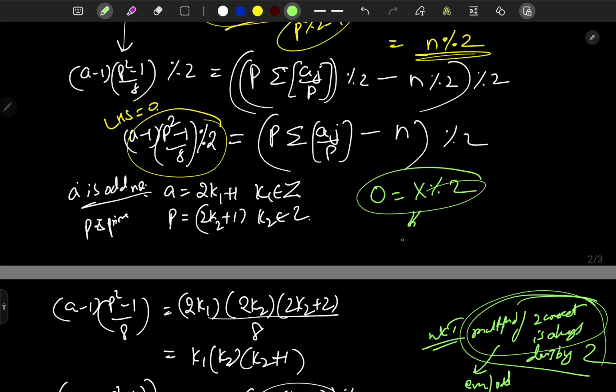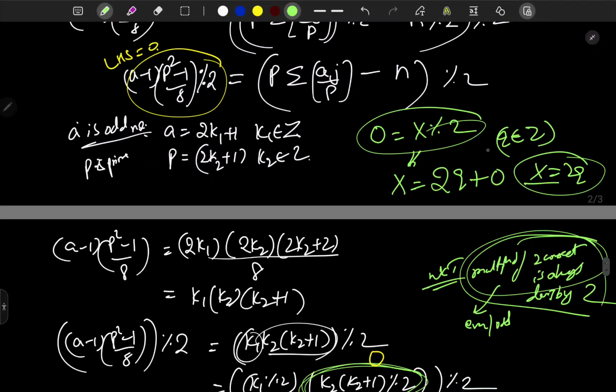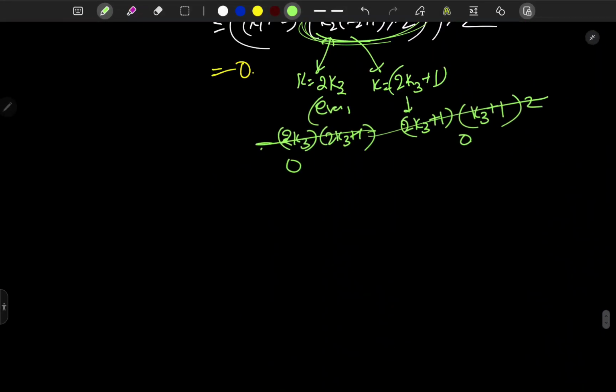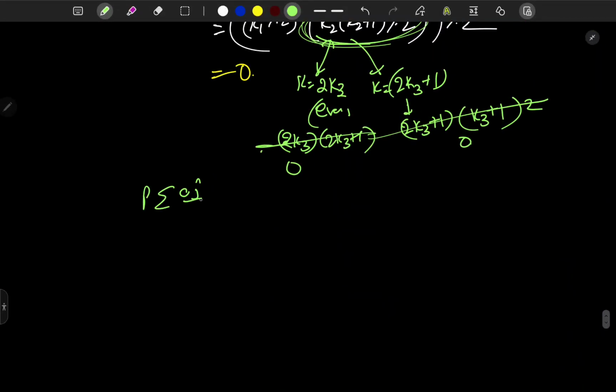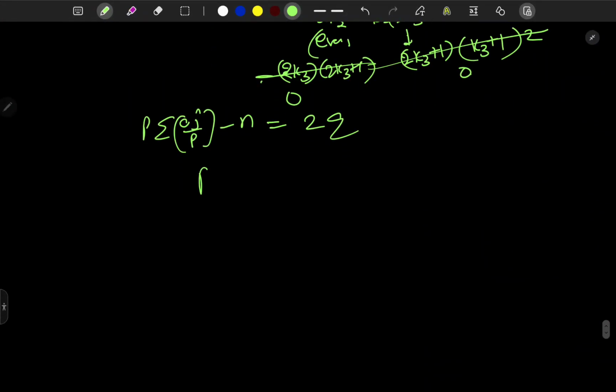From this, what can you conclude? Tell me. x can be written as 2 into some q, where q belongs to Z, plus remainder, how much? 0. So x equals 2q. So this value will become p into sigma (aj by p) minus n equals 2q. So p into sigma (aj by p) minus 2q equals n.